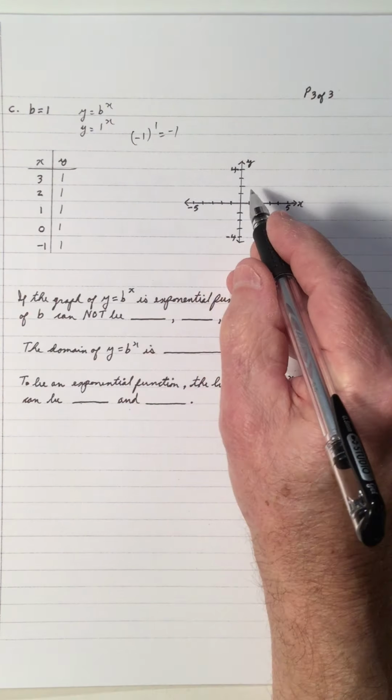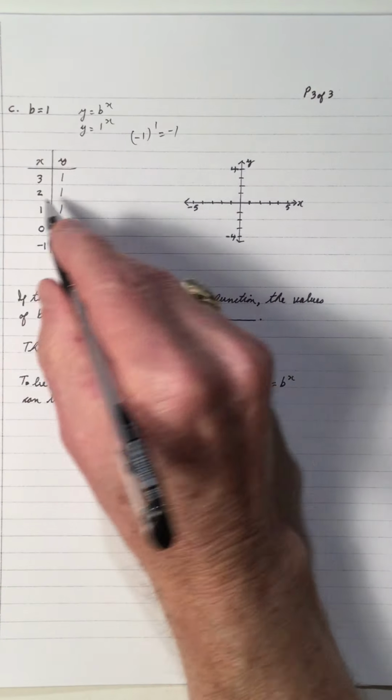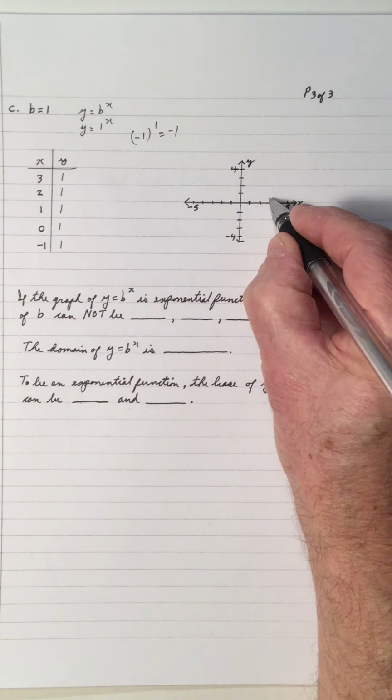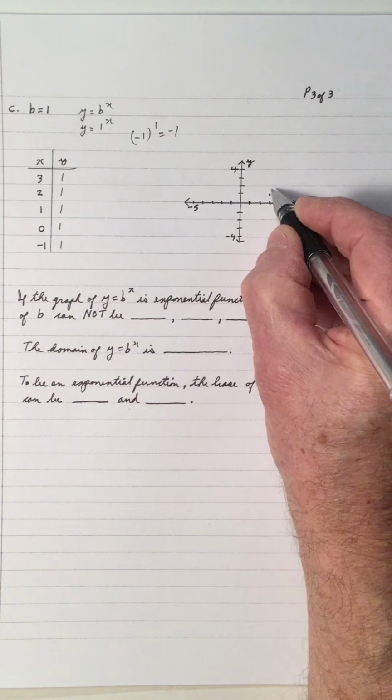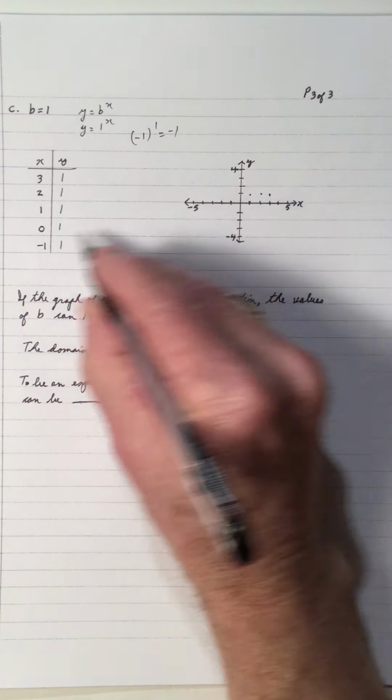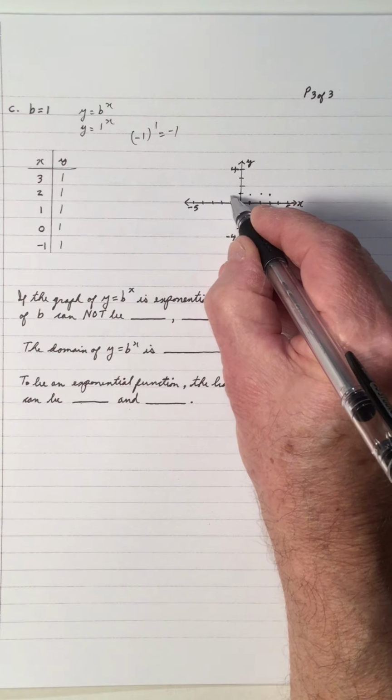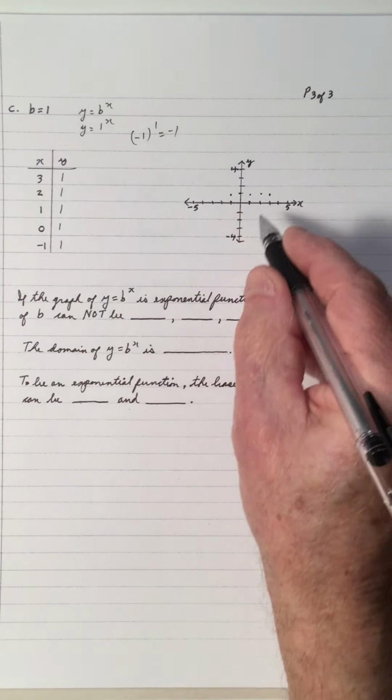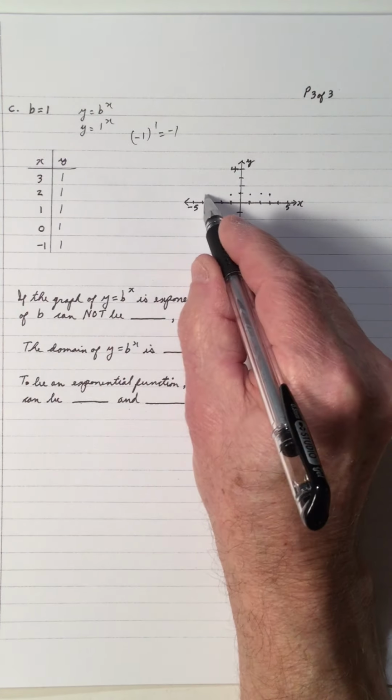So notice that when the base is 1, when x is 3, we have a 1. When x is 2, we have a 1. When x is 1, we have a 1. When x is 0, 1. When x is negative 1, 1.